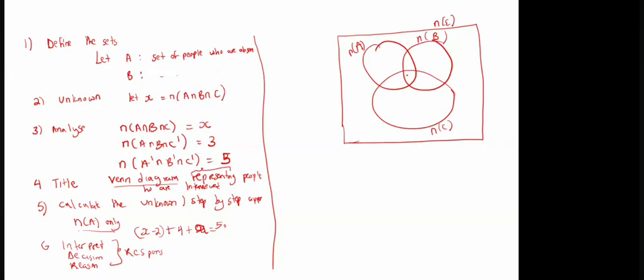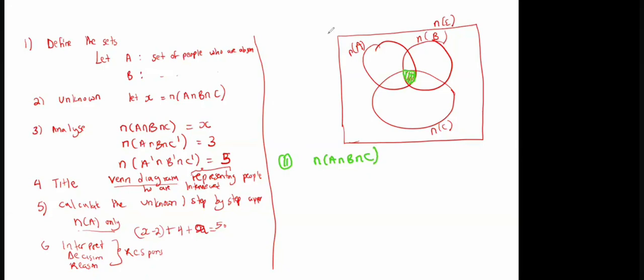This region here in the middle that I'm shading, let me use another color, I'm shading with green. This green one is what we call A intersection B intersection C, the region that combines all the sets.